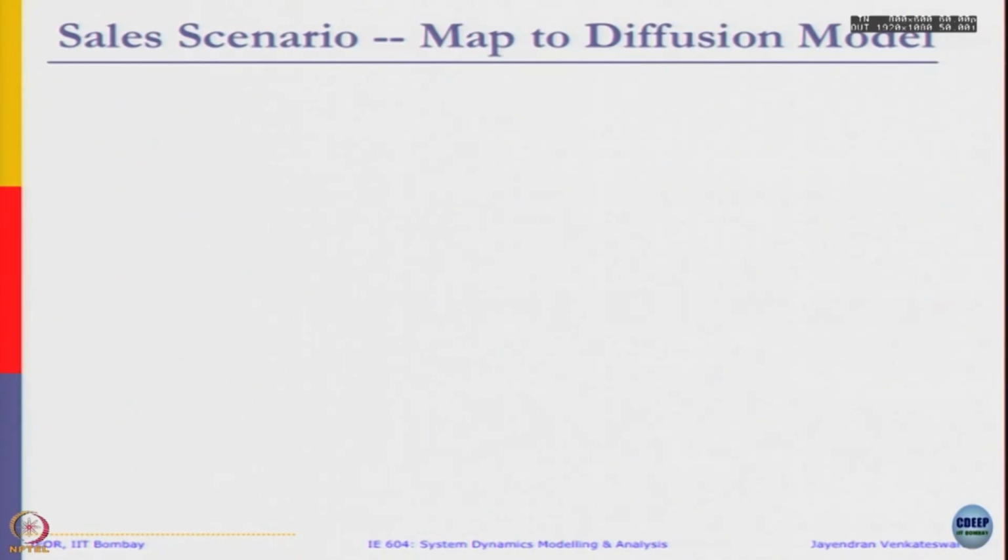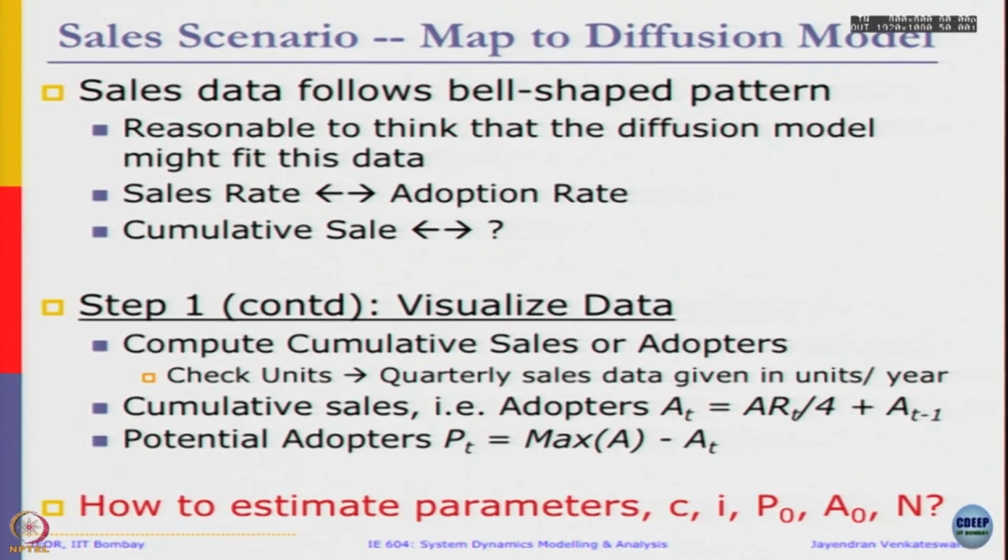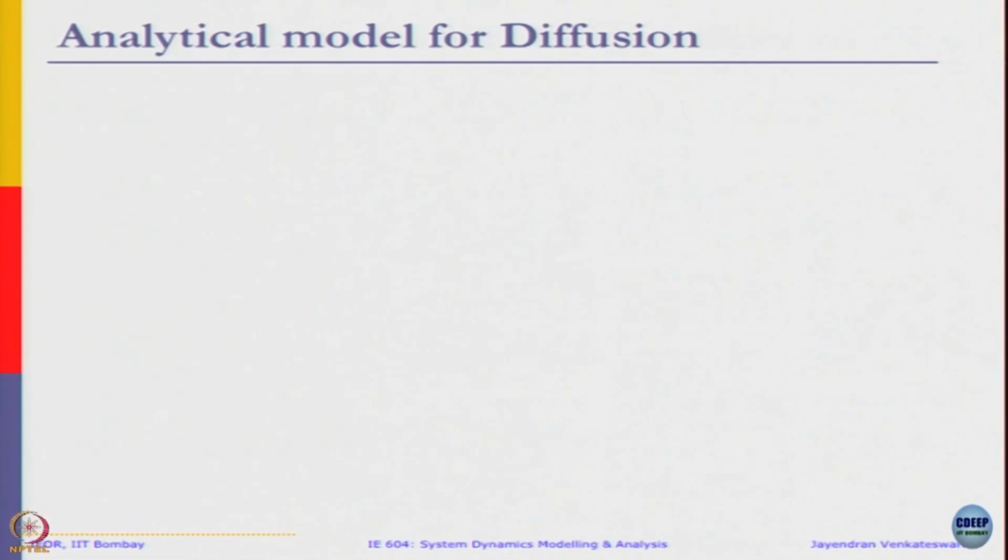There are so many spreadsheets. Now, we need to pretty much estimate these parameters C, I, P0, A0 and N from the data that is given. To estimate these parameters, we need to look at a bit of maths. Let us go ahead and do that.